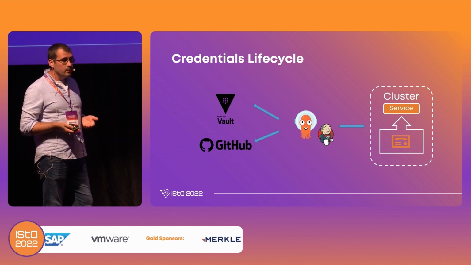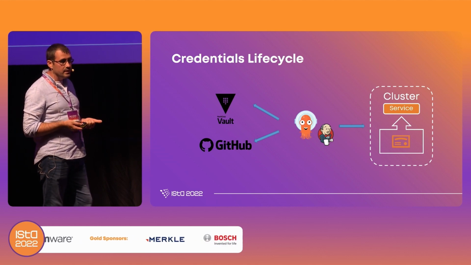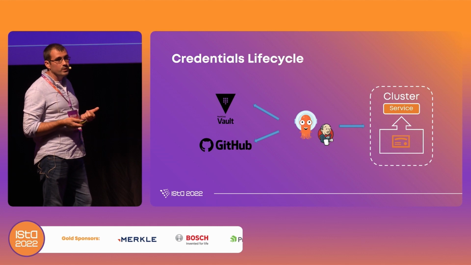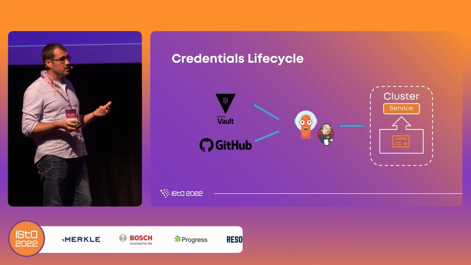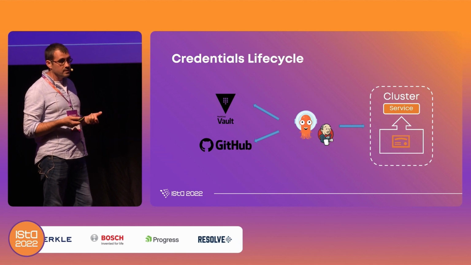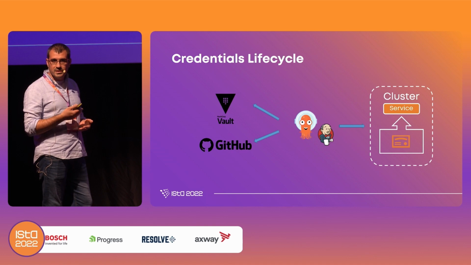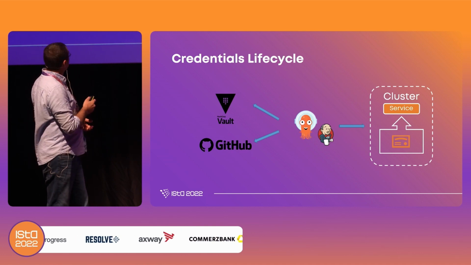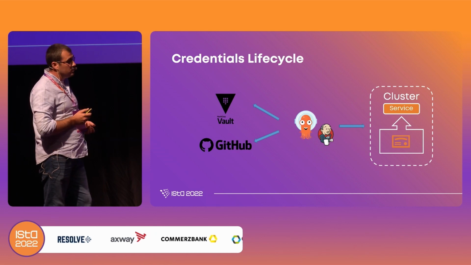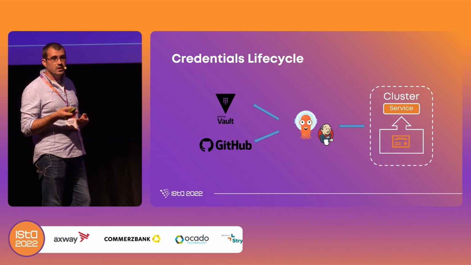This is nice, but unfortunately it has a few drawbacks, and this is mainly the fact that we are tying the lifecycle management of a credential to the lifecycle of the service itself. So we always have to go to our delivery pipeline to change our credentials. Then we will also need to do some magic here in order to change the credentials accordingly, to regenerate the certificate and put it in place.